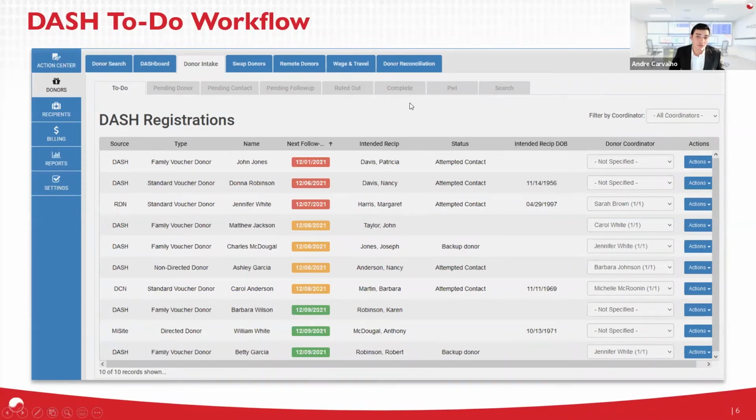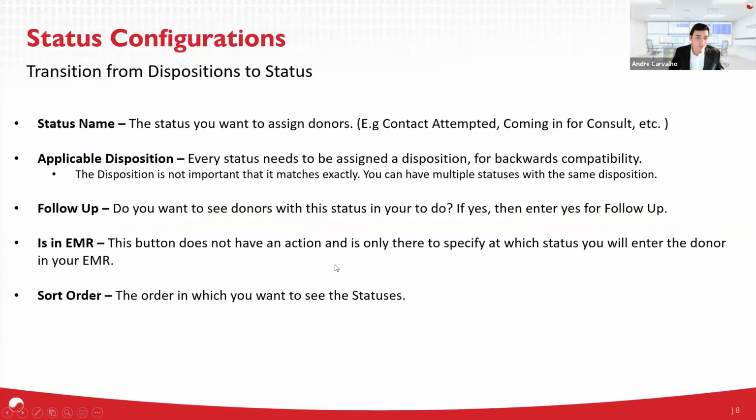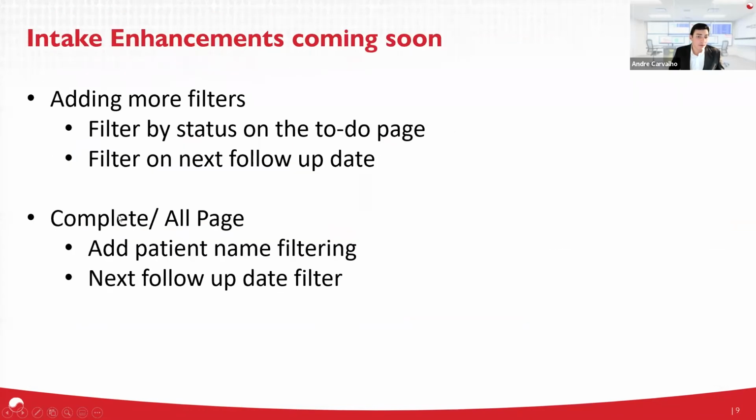You would have to go into the complete tab and hit show all in order to view everyone. Or for now, you can also click on these tabs and go to those. But eventually we will add a filter here so that you can see future follow-ups requested. And then we're going to add some patient name filtering, so you can filter by the recipient. Next follow-up date filter on that all page.